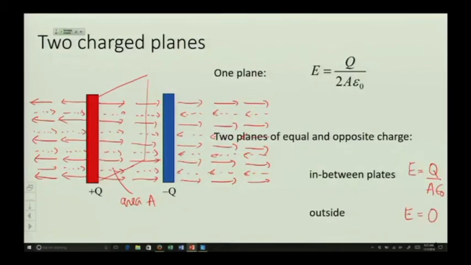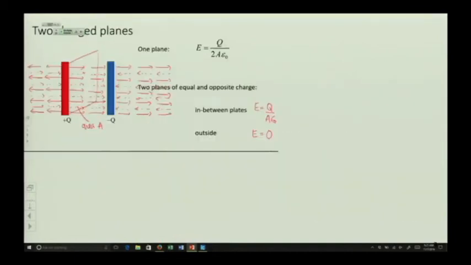So if you wanted to look at the electric field pattern of a pair of charged plates, so let's say this is positive, this is negative, what I'm going to get is electric field lines that look like this.